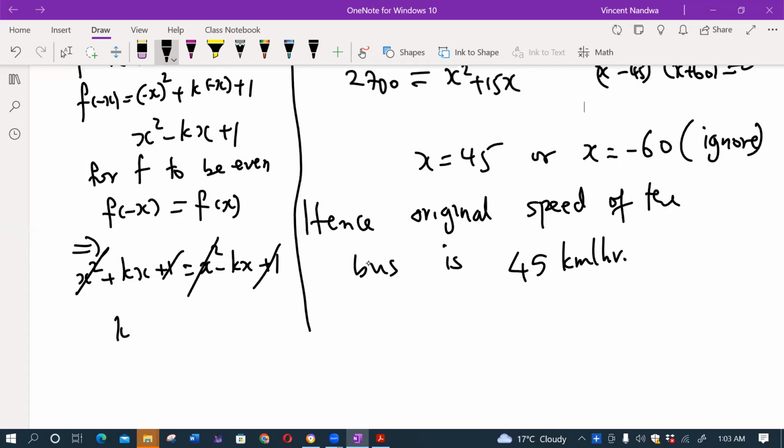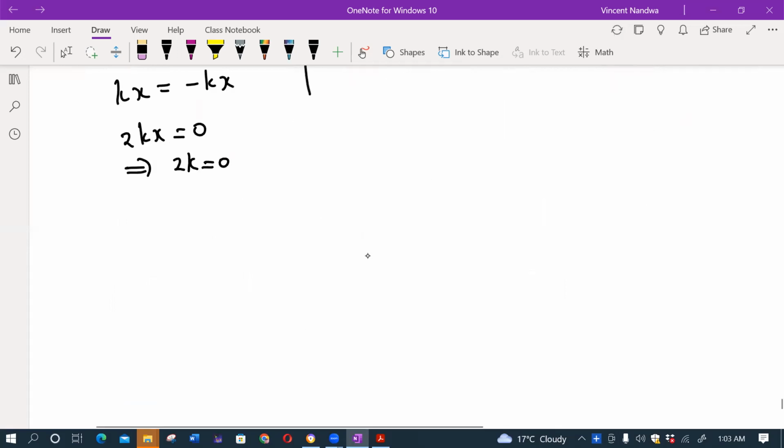So kx equals minus kx. So 2kx equals 0, which means 2k must be 0, which implies that k equals 0. So the value of k should be 0.